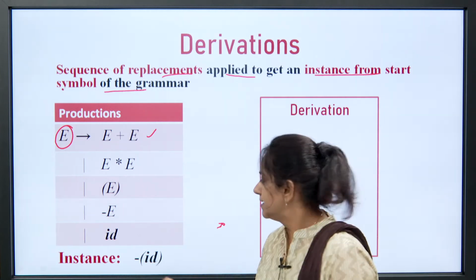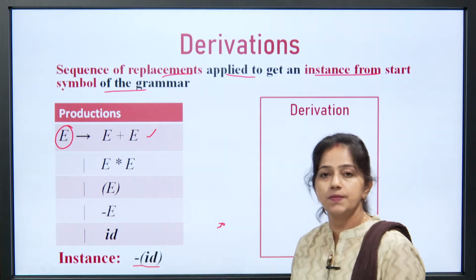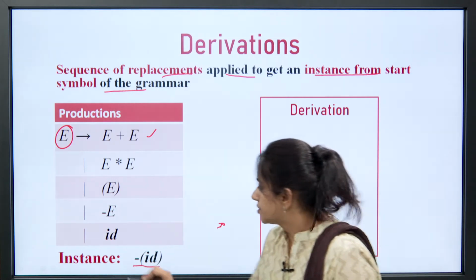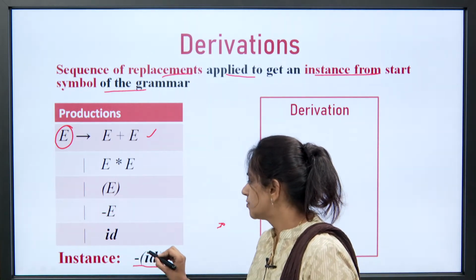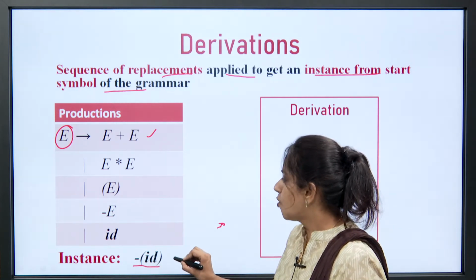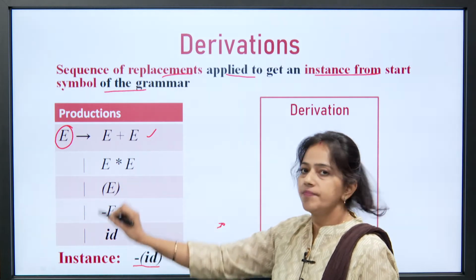Now, here one instance is given to us. Instance means a sentence that belongs to the language. So, here the instance is minus opening parenthesis ID and closing parenthesis. We need to obtain this instance from this grammar.